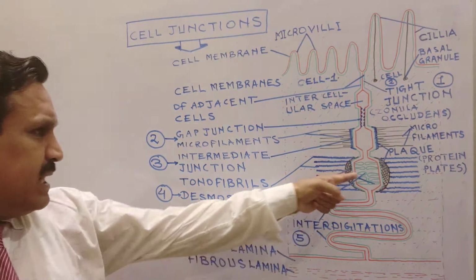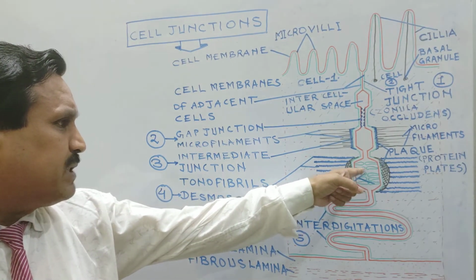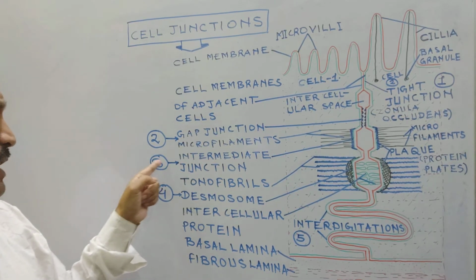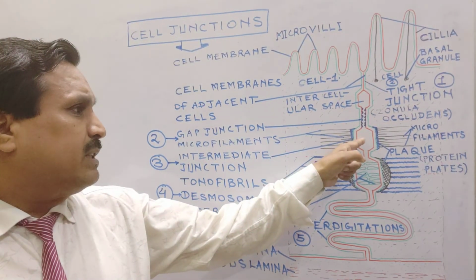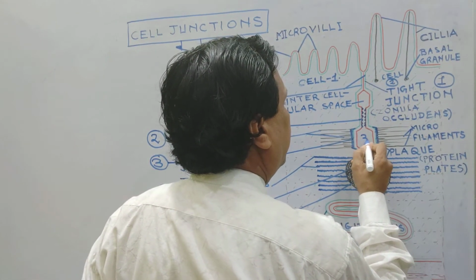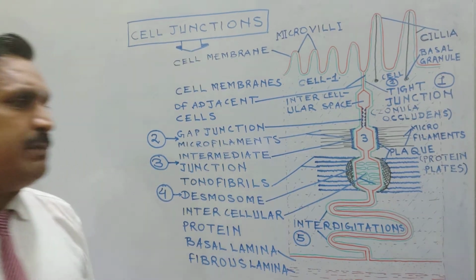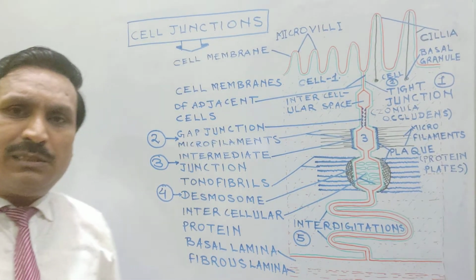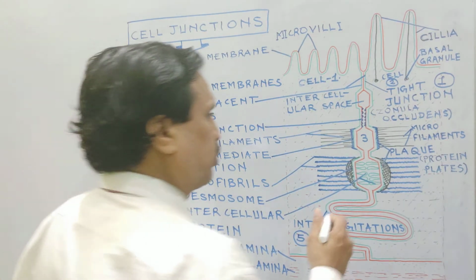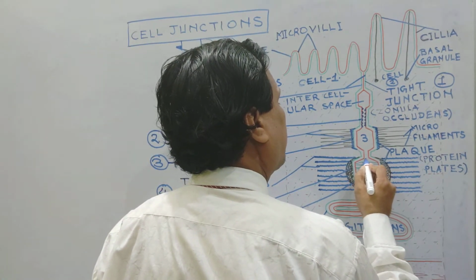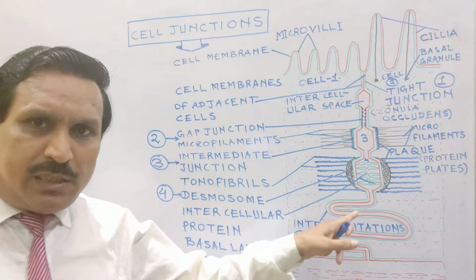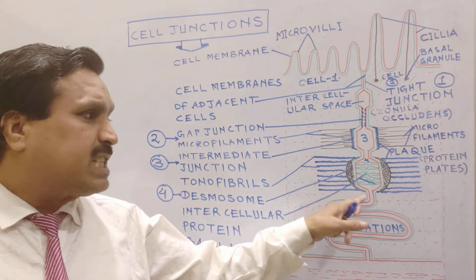Now, third type of junction is intermediate junction. After third intermediate junction, this is the fourth, number 4. This number 4 is desmosome.